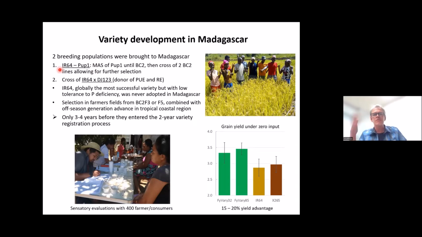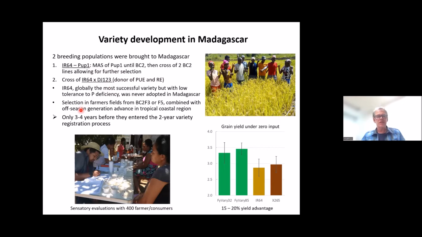IR64 is globally the most successful rice variety, but it has low adaptation to these P-deficient conditions, and it was never adopted in Madagascar. Otherwise, it's a really very good variety with many positive attributes. So we're trying to improve it by bringing the PAP1 locus into IR64. And the second one uses the donor DG123 in a cross with IR64.